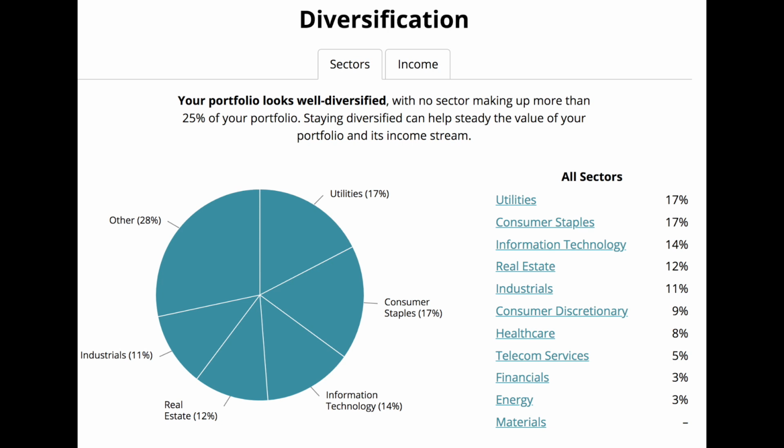Healthcare sector, which includes pharma and healthcare equipment and services. Some companies in this sector include Johnson & Johnson, Pfizer, Merck, and United Health. The financial sector, which are banks and insurance. Companies in this sector include JP Morgan, Bank of America, Goldman Sachs. The information technology sector, which is commonly known as the tech sector.